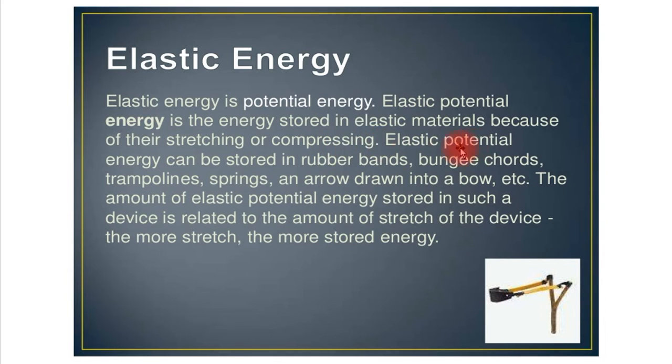So elastic potential energy can be stored in rubber bands, bungee cords, springs, an arrow drawn in a bow, etc. The amount of elastic potential energy stored in such a device is related to the amount of stretch of the device. The more we stretch, the more stored energy.